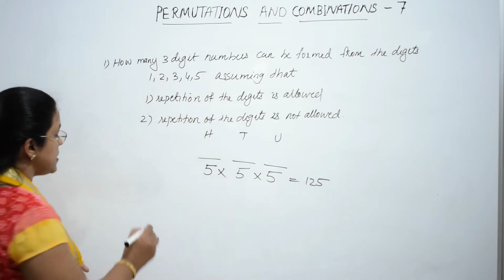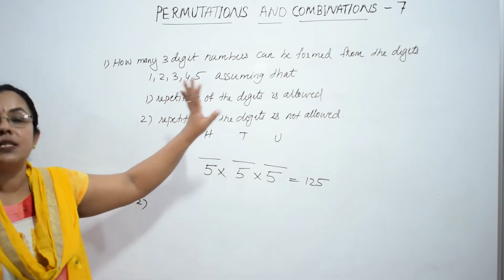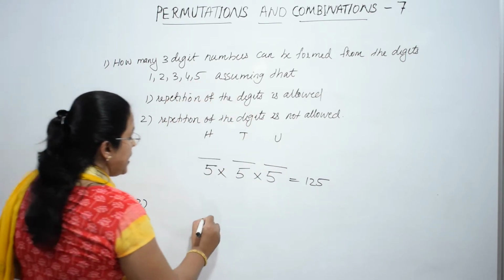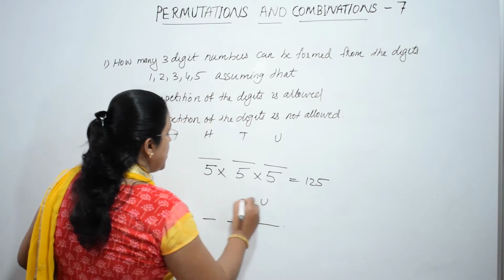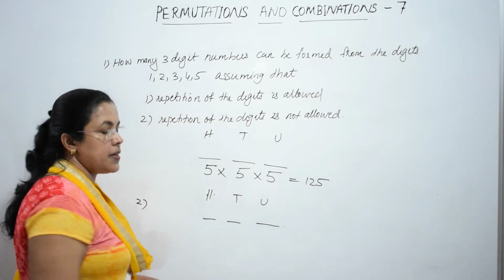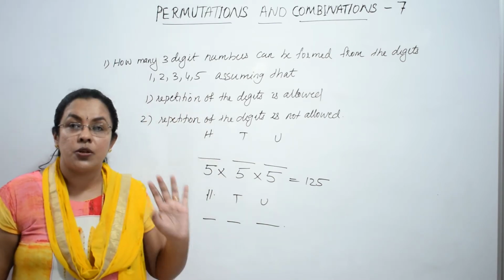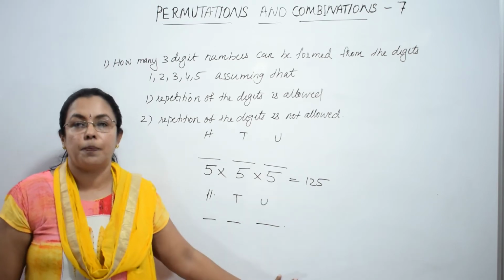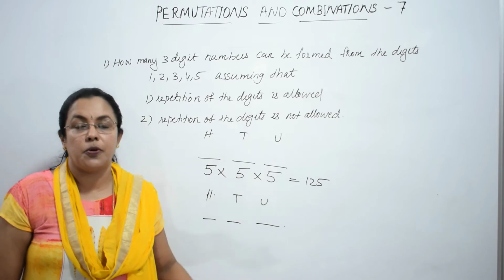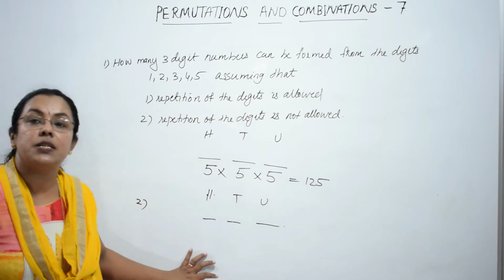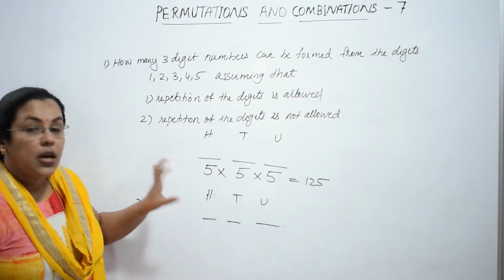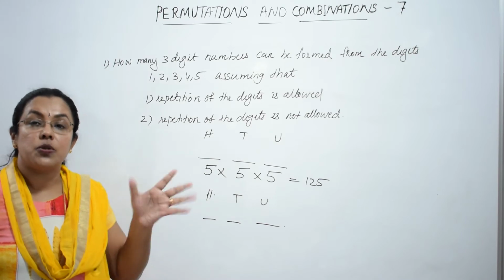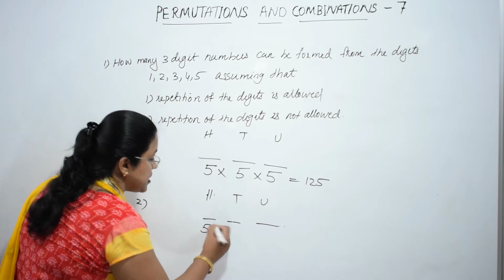Now, second case, repetition of digits not allowed. Again 3 places: units, tens, hundreds place. Repetition of digits not allowed means 1, 2, 3 is possible, but 1, 2, 2 and 1, 1, 1 are not possible. So fix 1 digit here. The hundreds place can be filled using all the 5 digits.